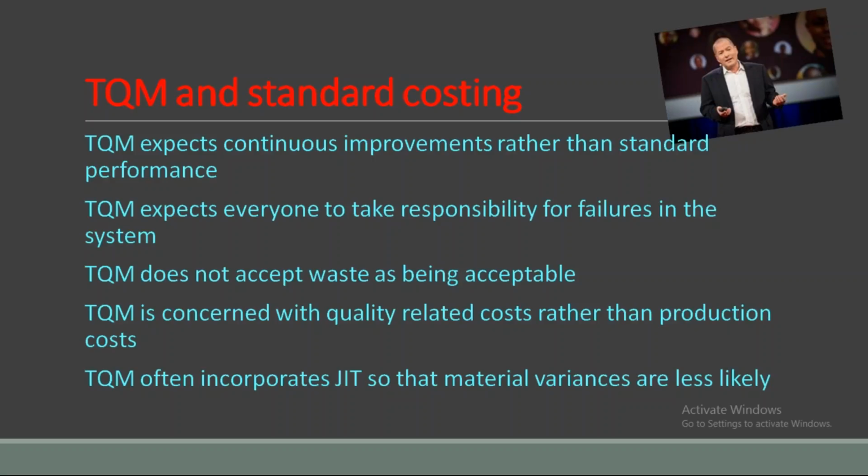You might have a production cost of $1, but your product is so bad that no one is prepared to buy it. You might as well spend another 50 cents and get a good quality product which you can sell to the market. So today, the modern world is much more conscious about quality related cost than the production cost.